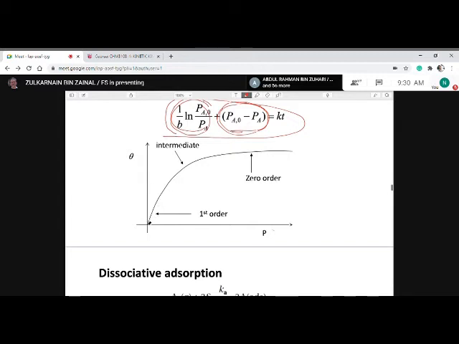You can see that theta versus P is almost a straight line, and then it curves a bit here, where it is the intermediate stage, before it forms a horizontal line where it is zero order. So this is at high pressure, this is at low pressure, and this is at intermediate pressure.